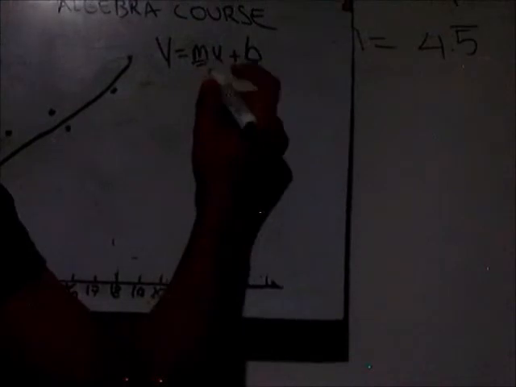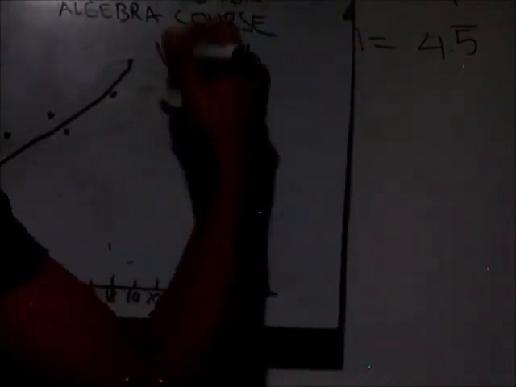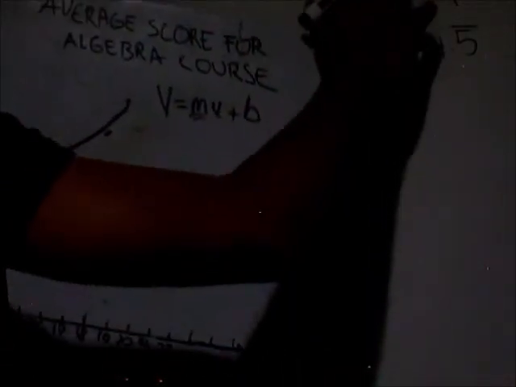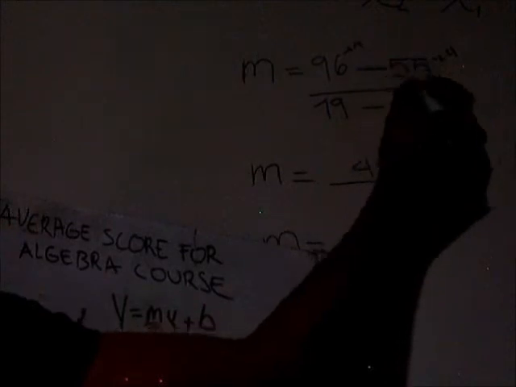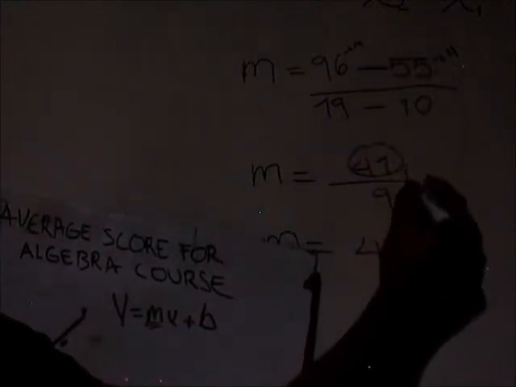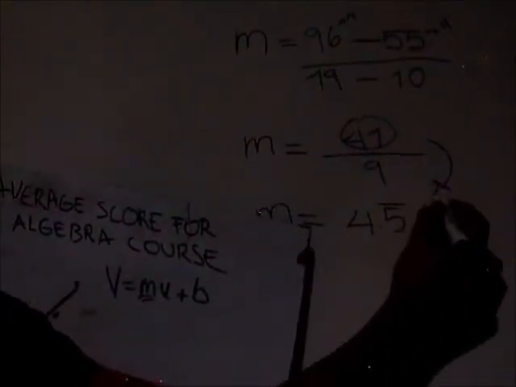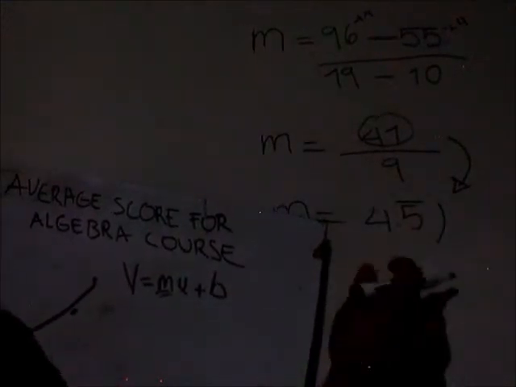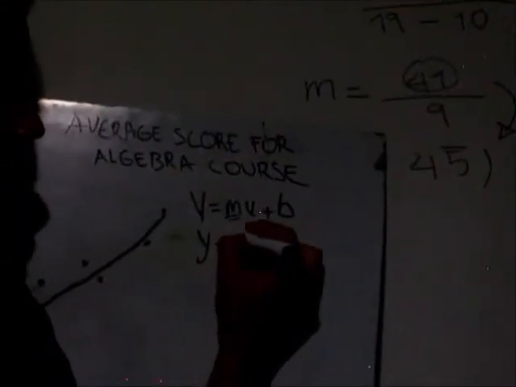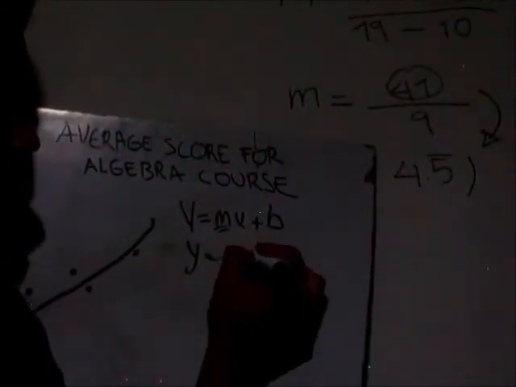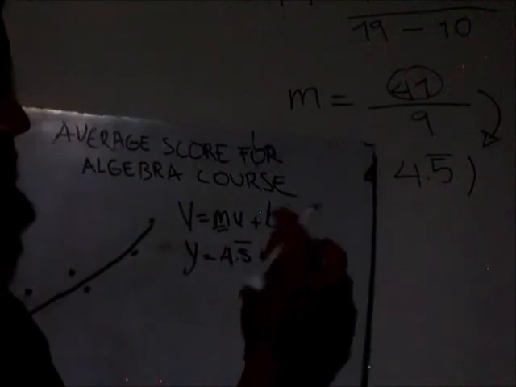We have to find m, but if you want, you can prove that if you do the process of m, you only put plus 4 here and plus 4 here. So the answer, if you subtract, will be 41 again. So the answer will be the same as in the first graph we made. So m will be the same, 4.5 plus b.